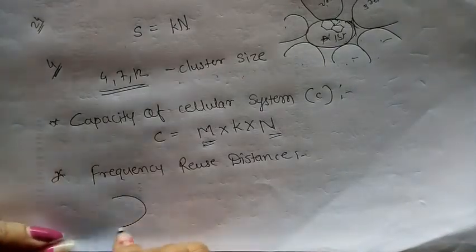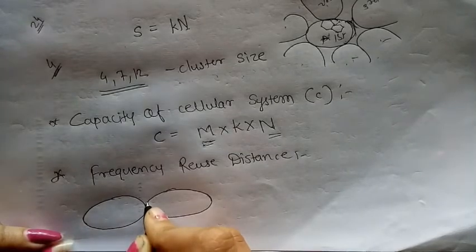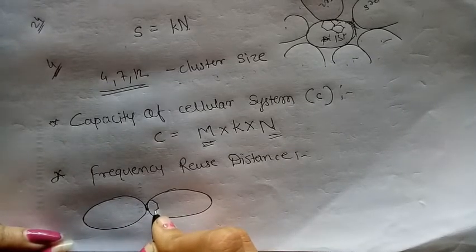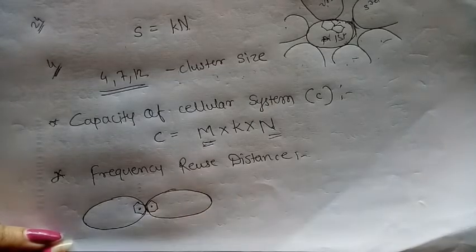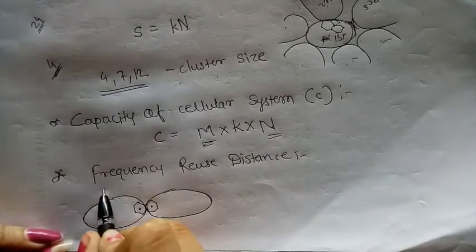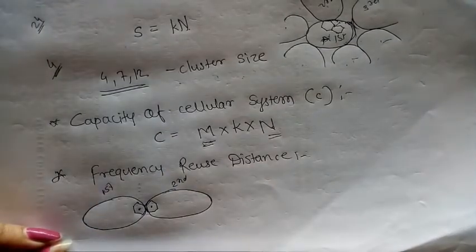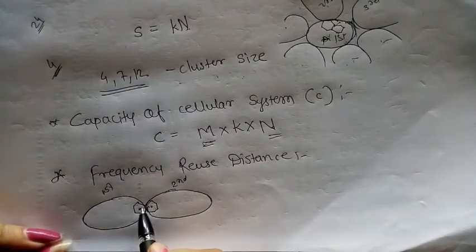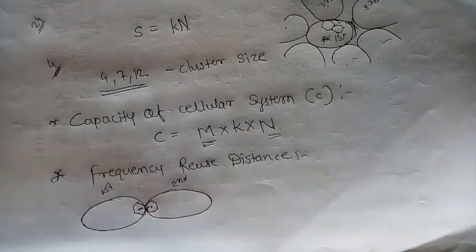This is the first cluster, this is the second cluster, and here is one cell. These are the centers of the two cells. This is cluster 1, cluster 2. The closest distance between the centers of the two cells, this is the first cell, this is the second cell.